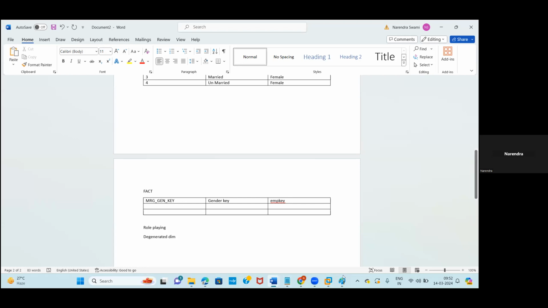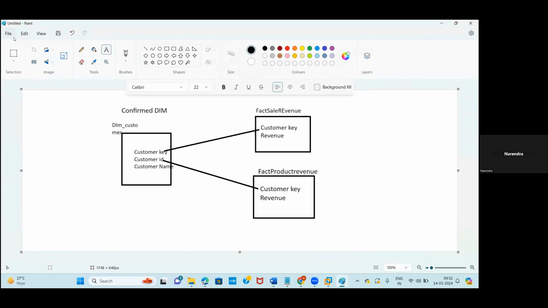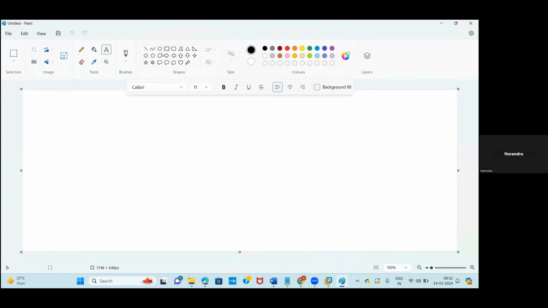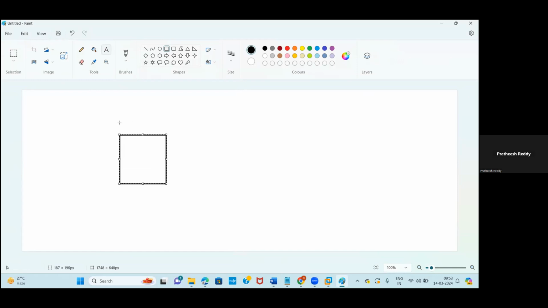Example: if you take a dim date dimension, suppose I'm going to take a dim date table. In dim date we have a date key.